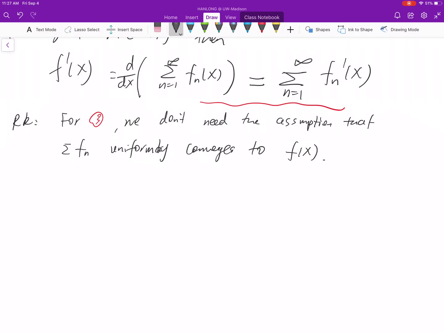Okay, we will see this from the proof, but for our purpose, we only apply this kind of formula to holomorphic functions or to power series. So usually we always have the uniform convergence.